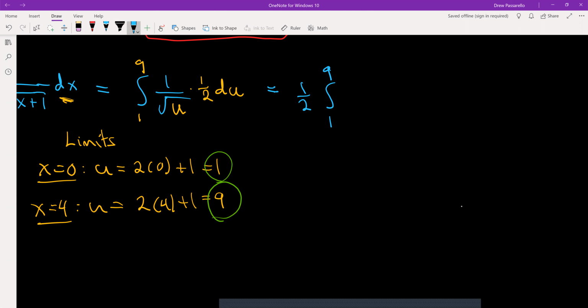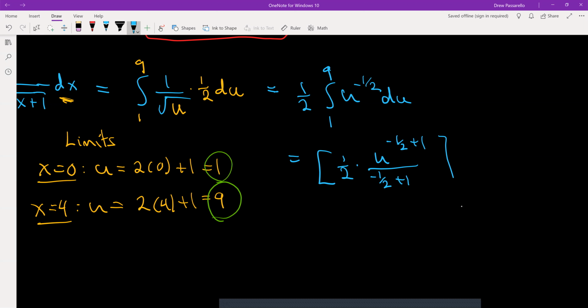So I'd write this as u to the negative 1/2, and then du. So integrating, it's going to be u to the negative 1/2 plus 1, and then divided by negative 1/2 plus 1. And then my limits are 1 and 9.